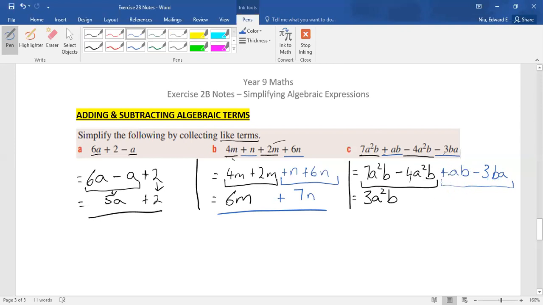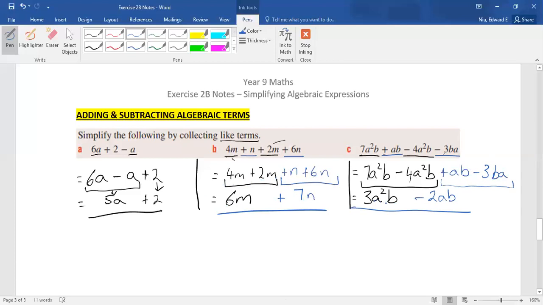So if this is 1ab, take away 3ba or 3ab, what's 1 take away 3? If you answered with negative 2, you are correct. And then again, we don't touch the pronumerals and their powers. We just change the numbers when we're adding and subtracting algebraic terms. And that is our final answer.